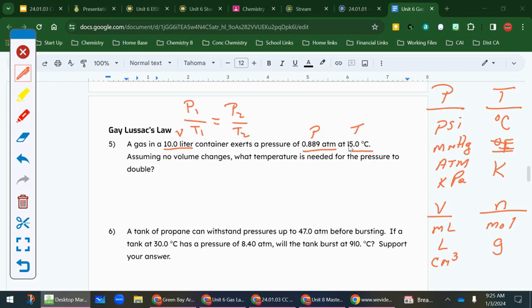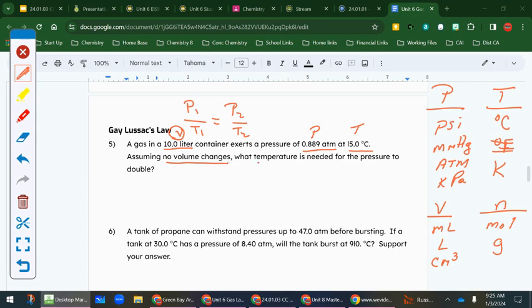I didn't mess up. So that tells me this is not going to change because it can't. And if we read along, it says assuming no volume changes. It didn't change. Why did I give it to you? Well, to see if you would try to put it in somewhere, okay?